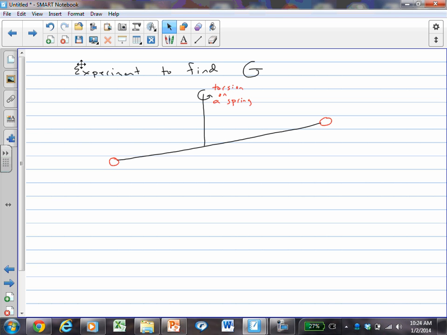Then a very large mass, as large as possible, was hung close to and separated by a certain distance from one of the masses. That caused the gravitational pull to pull this one that way.